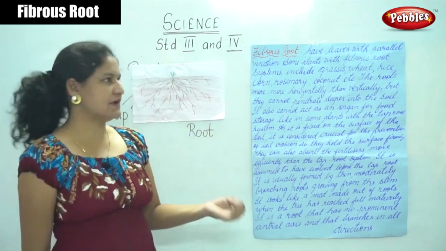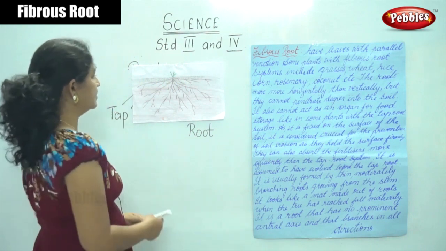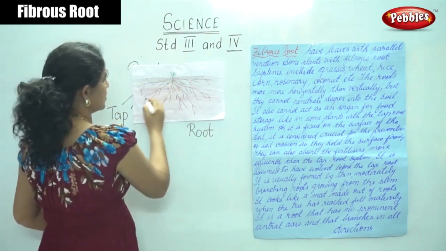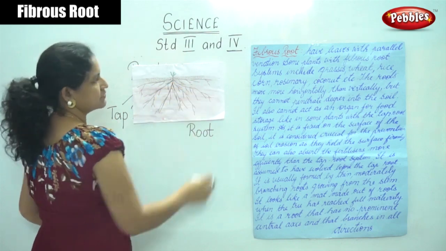Plants with a fibrous root have leaves with parallel venation. So this is called parallel venation, the fibrous root.